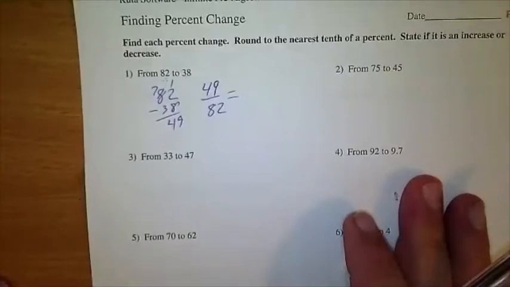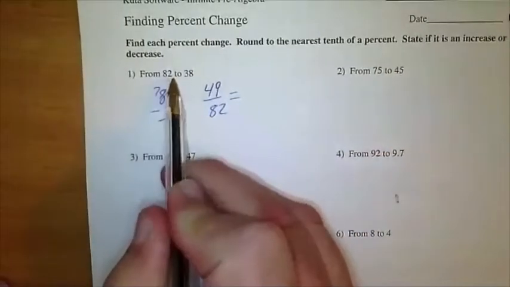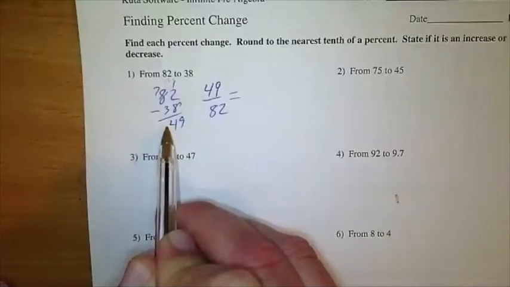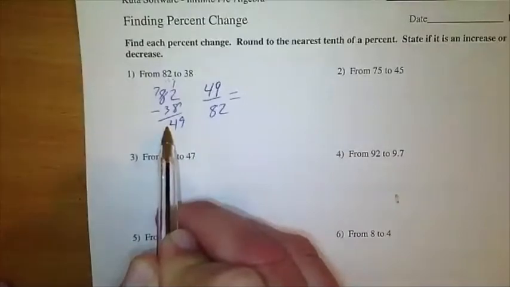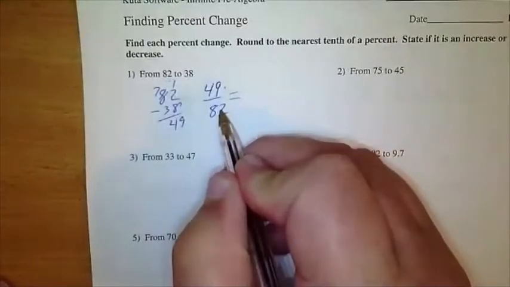watching you bounce around? All right, so if I look at 82 and 38, I did my subtraction and I came up with that it changed by 49. So again, amount changed over the original amount.